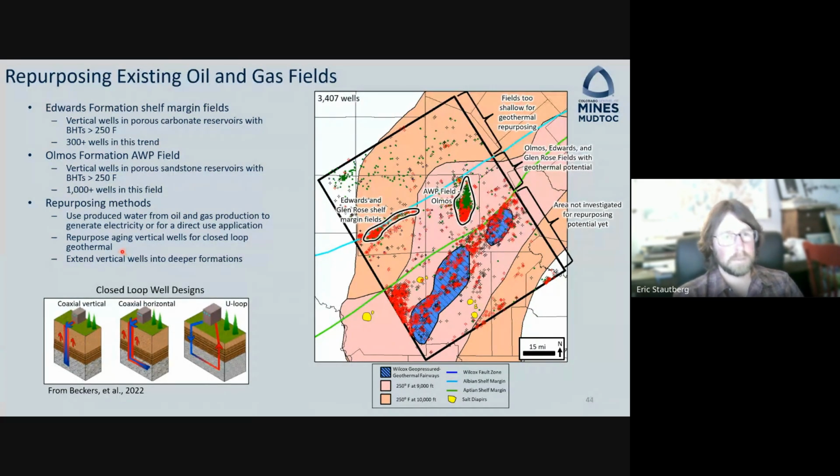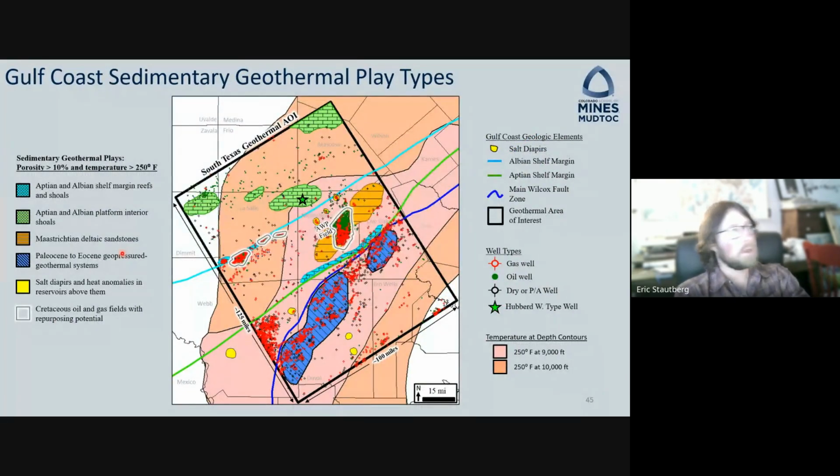So to finish up here, because I'm getting a little low on time, I put together this map to just show some of the distribution of these different play types. In green here, we have those platform interior shelf margin reefs and shoals, or platform interior reefs and shoals.